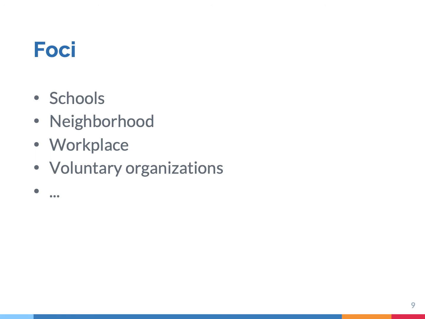Schools are an example of foci. These are social settings in which people participate and they create the pool of people we meet. Other examples of foci are neighborhoods, workplaces, and voluntary organizations. The more segregated these foci are by group affiliations, the stronger group segregation will be.